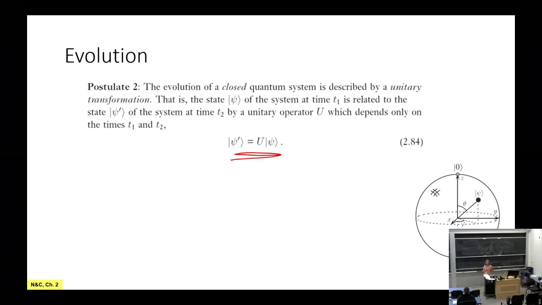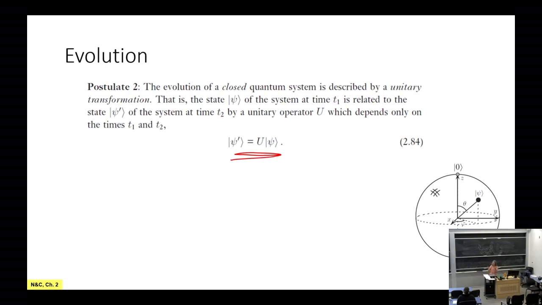The fact that my operator here is unitary means that my quantum system isn't changing in any fundamental way when I look at its evolution over time. I just have a new picture of the same quantum system. It's been rotated or reflected, but that's it.